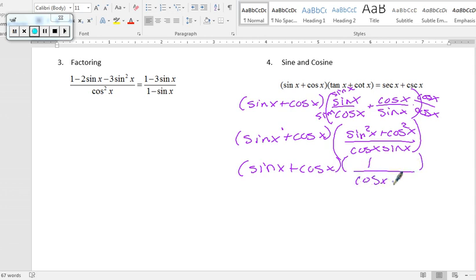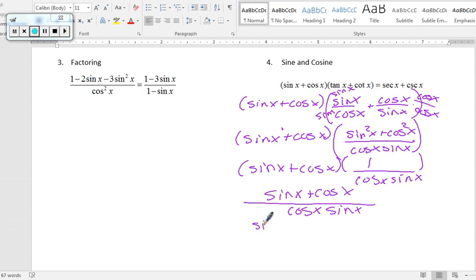When you multiply your fractions, you just multiply your numerators and your denominators. So I'm going to go ahead and do that at this point. Now I've got sine x plus cosine x all over cosine x sine x. Since we are over one single term in the denominator, we can split it into two terms.